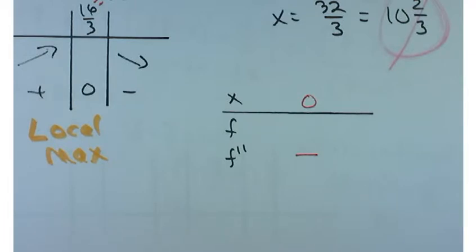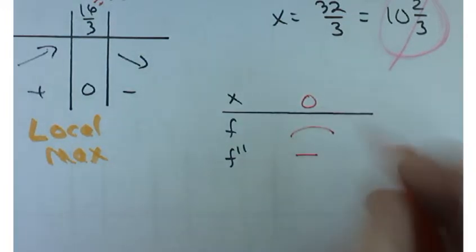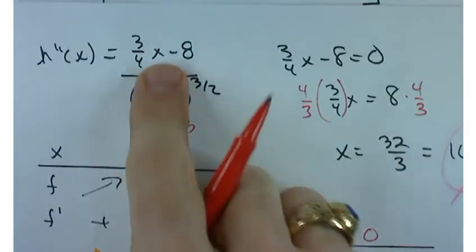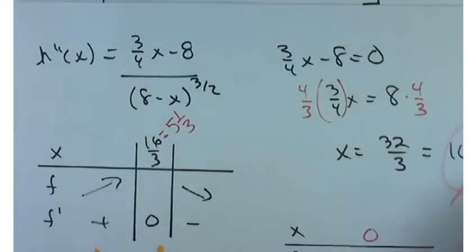What's that say about the shape of the graph? Concave down. So the graph is always concave down. It never changes. It can't change. The only place that this could change signs is outside of the domain of the function. So it's always concave down.